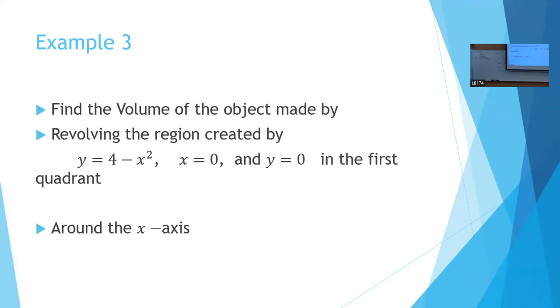So we've drawn that region a few times already. The one bounded by 4 minus x squared, x equals 0, and y equals 0 in the first quadrant. And we're rotating it around the x-axis.